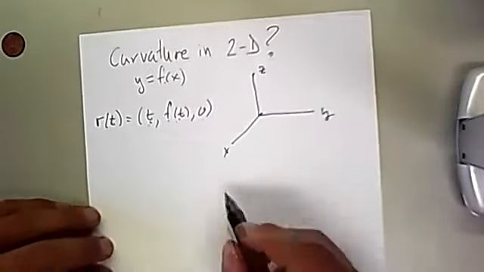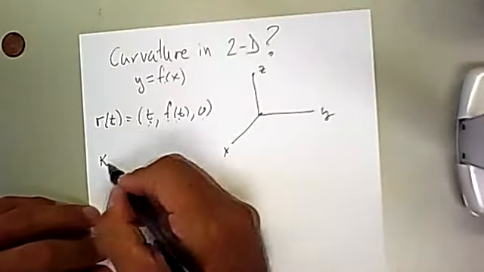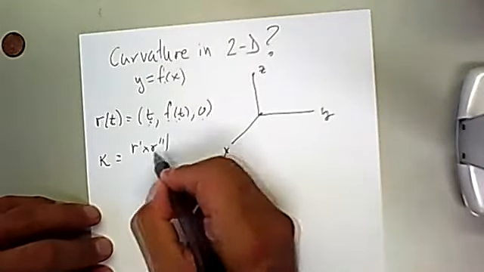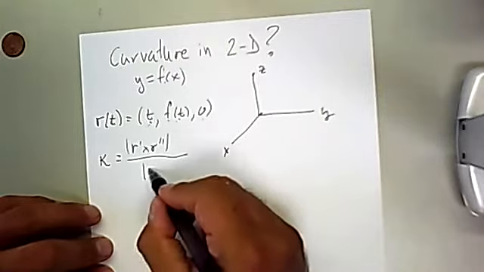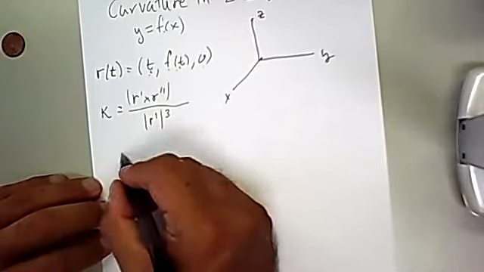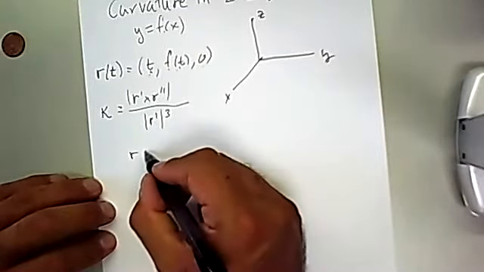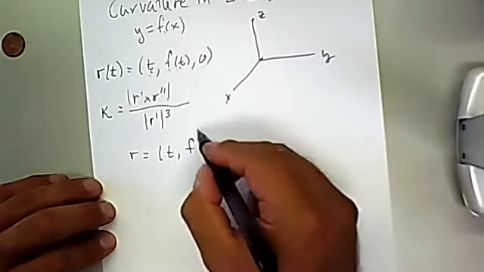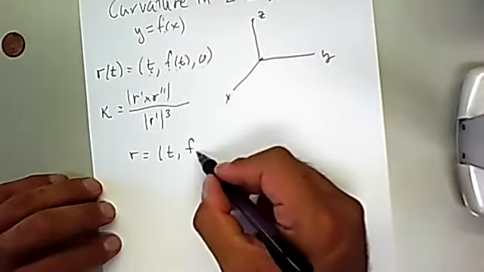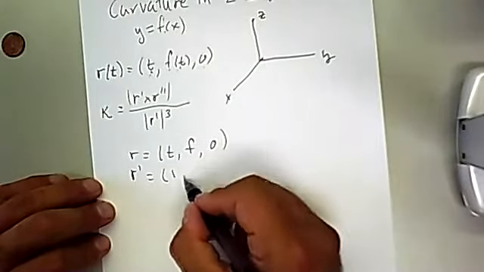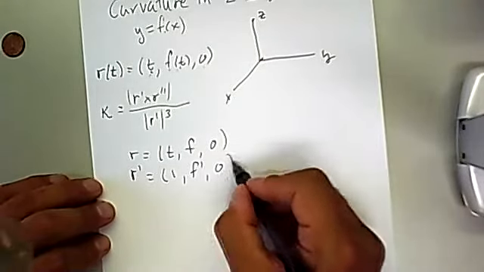All right, so what is the curvature? The curvature is the magnitude of r prime cross r double prime, over the magnitude of r prime cubed. Well, let's figure this out. Let me rewrite r again. R is t, f of t, 0. I'm going to omit the t. R prime is 1, f prime, still 0.